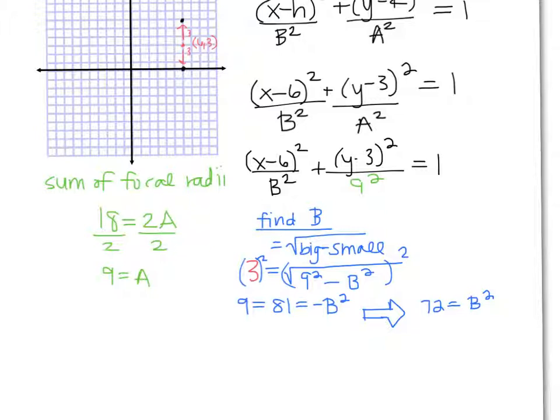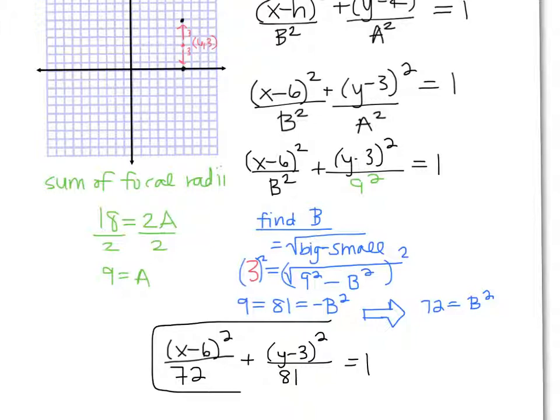So putting it all together, we have the equation x minus 6 squared over b squared, which we just found is 72. Plus y minus 3 squared over 9 squared, which I'll just rewrite as 81, equals 1.